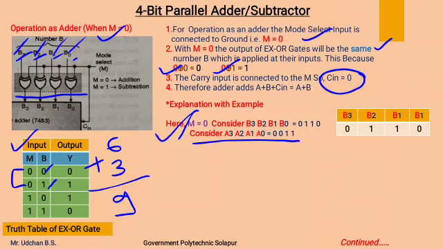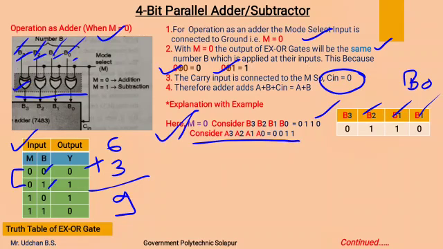Here B3, B2, B1, B0. Actually, over here by mistake B1 is written; B3, B2, B1, B0 are 0 1 1 0. Now if we observe this XOR gate which has the B3 input, that is 0, and the other input is the M input, that is the mode select input, which is also 0.